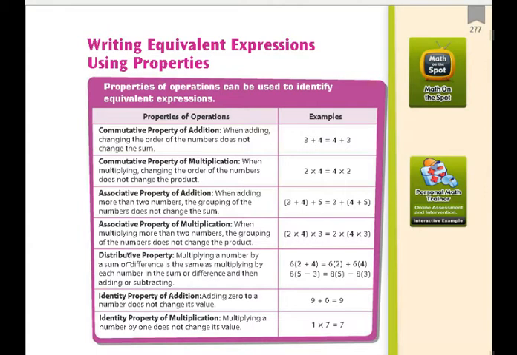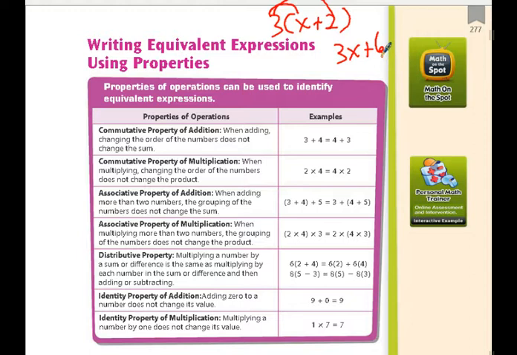So, if I had 3 times x plus 2, the way I could solve that I could take 3 and go 3 times x and then 3 times 2. So that would be 3x plus 6.